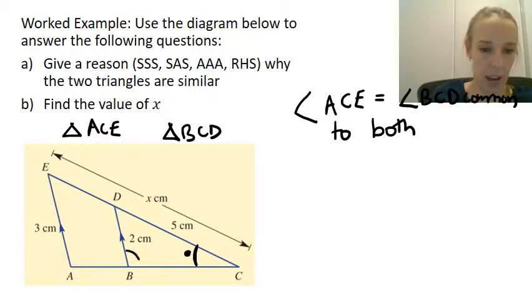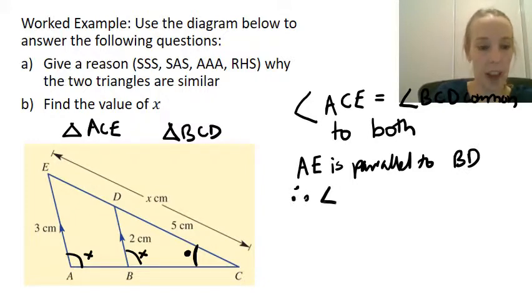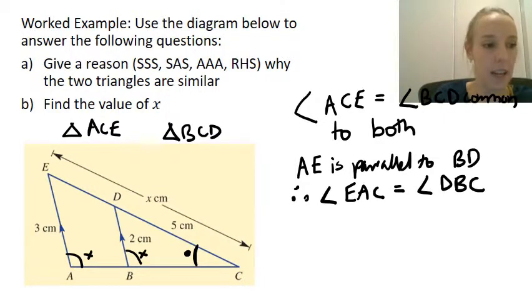So this angle here and this angle here would also be common to both because the line AE is parallel to BD, so therefore the angle EAC is going to be equal to the angle DBC.